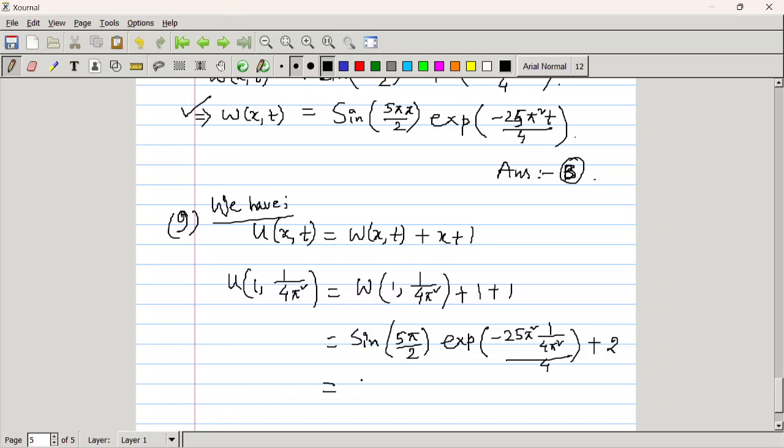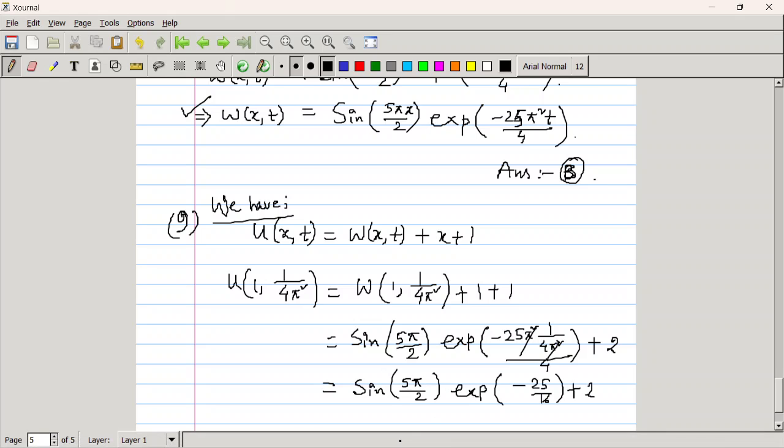So it is sine 5 pi by 2 into exponential of minus 25 by 16 plus 2. The pi square cancels out. Sorry, there is no x in the expression; by mistake I put x. So this is sine 5 pi by 2.